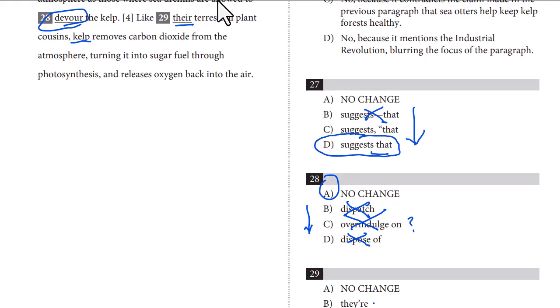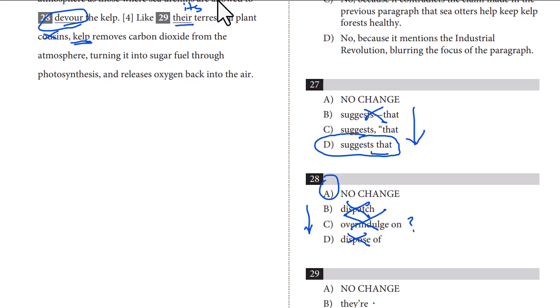It would be like its terrestrial plant cousins, kelp. So even though cousins is next to kelp, cousins is not the antecedent of "like its"; it's the kelp, which is a singular thing. Even though there are probably many kelp plants, it's a collective or a group noun, I believe.